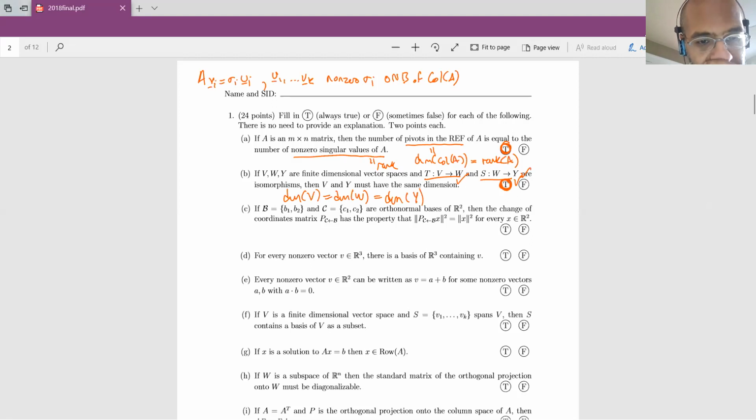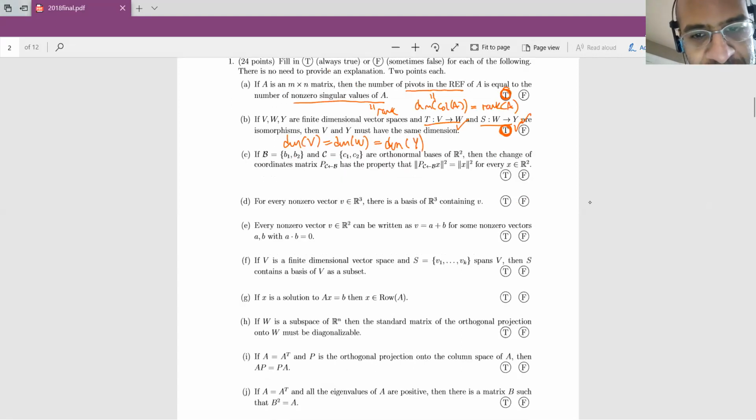Well, so now let's get to C. You have two orthonormal bases of R2. Then the change of basis matrix has the property that when you apply it to a vector, it preserves the norm squared. Okay, so how would you go about answering this question? What's a change of coordinates matrix?